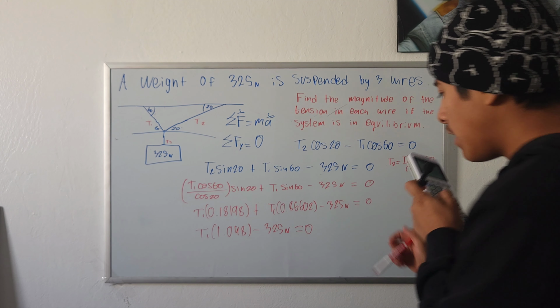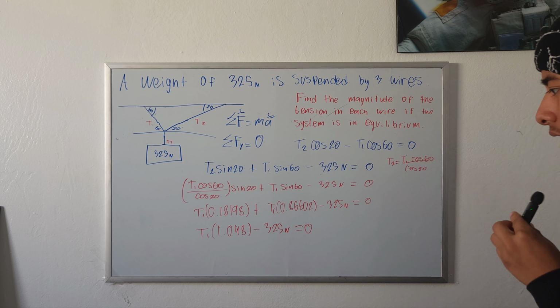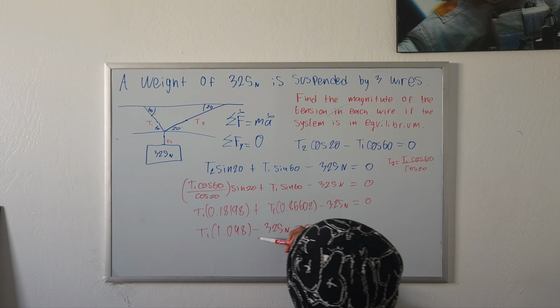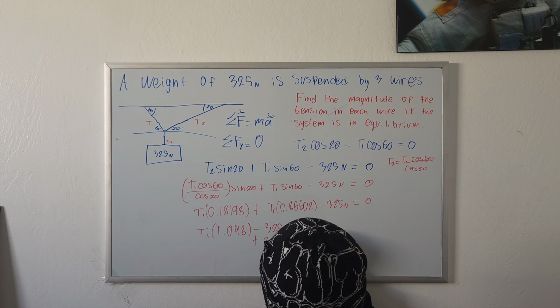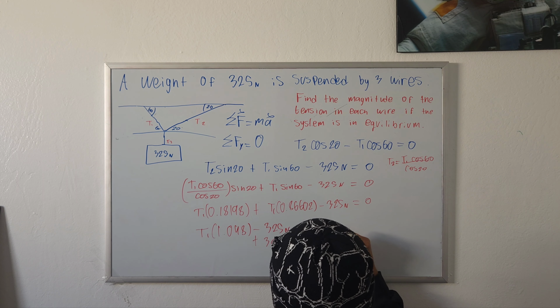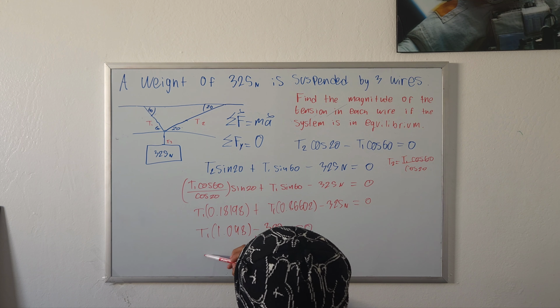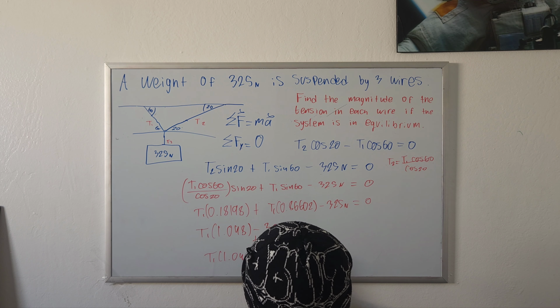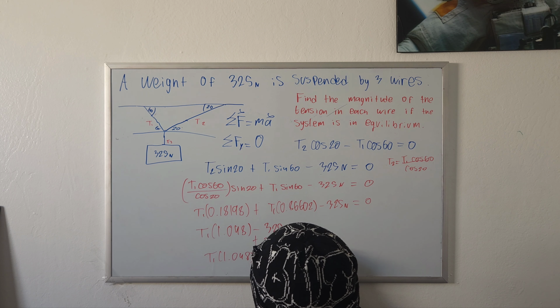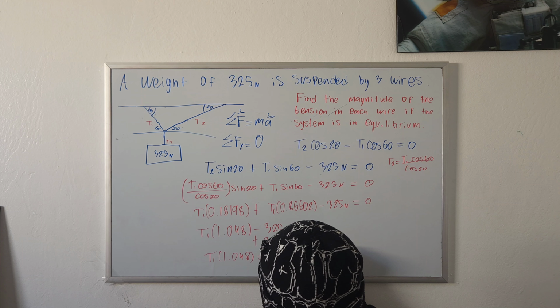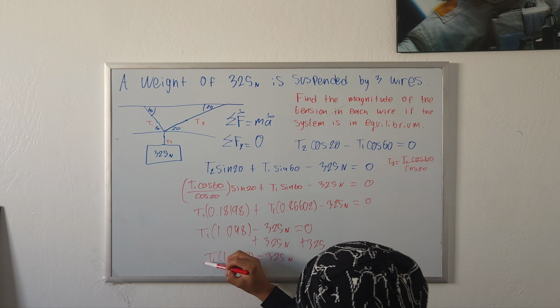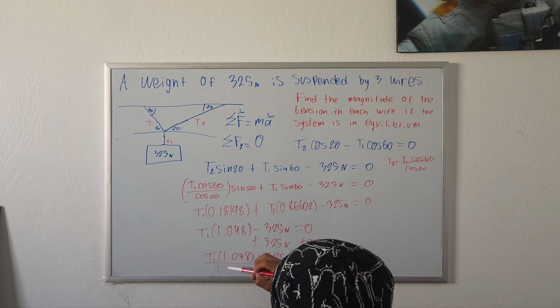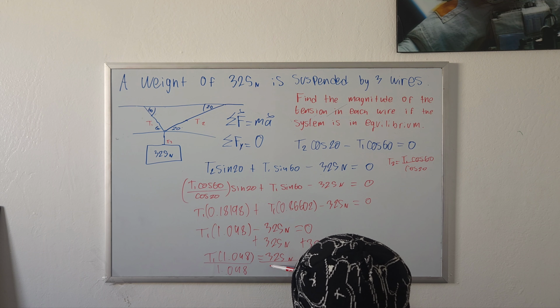And then now what I'm going to do here is I'm going to isolate T1. So I'm going to add 325 newtons to both sides. So now we have T1 multiplied by 1.048 equals 325 newtons. And then to finally isolate this, I'm going to divide both sides by 1.048.